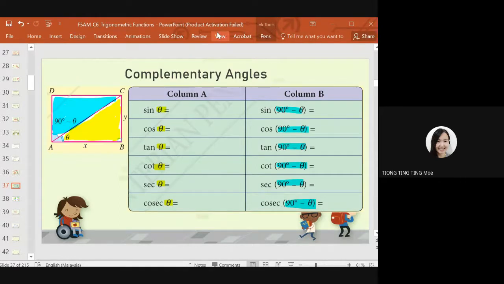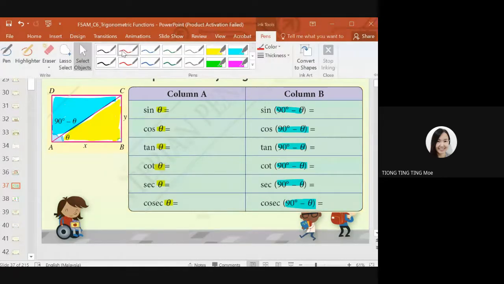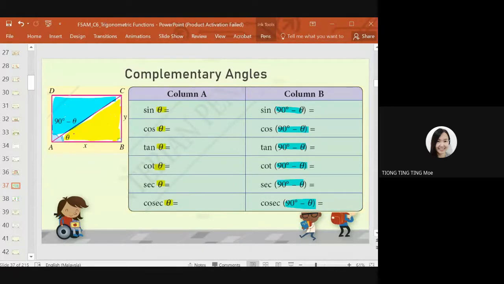Okay, so now you see I use a rectangle to help us get the answer. This is x, this is y. Then what is the value here? Still remember the opposite, adjacent, and hypotenuse? What is the value for the hypotenuse here? Here is actually the value for AC.